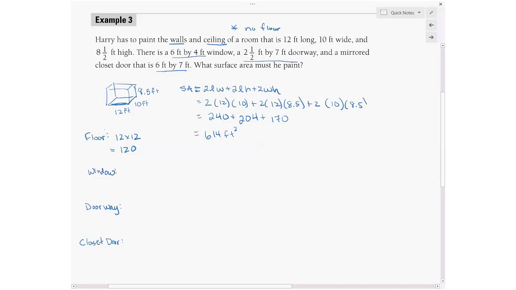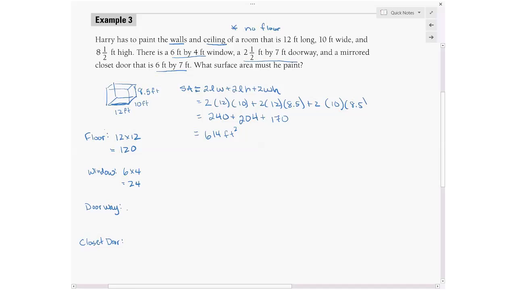So the window here is 6 by 4, because it's the area, right? We're not talking about a length, so we don't subtract 6 and subtract 4 because we're not subtracting a length, we're subtracting an area. So we're not going to cover the window with paint, we have to take that area away. So that's 24, 6 times 4.